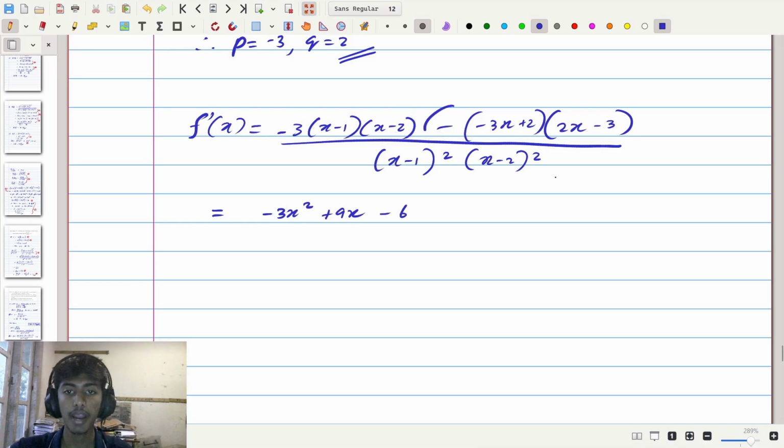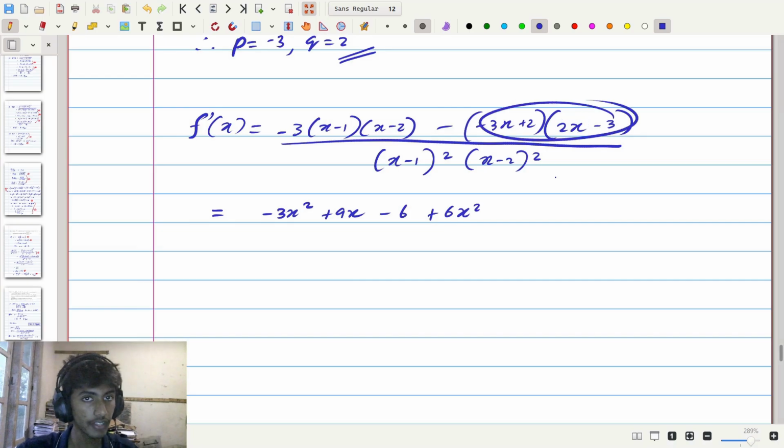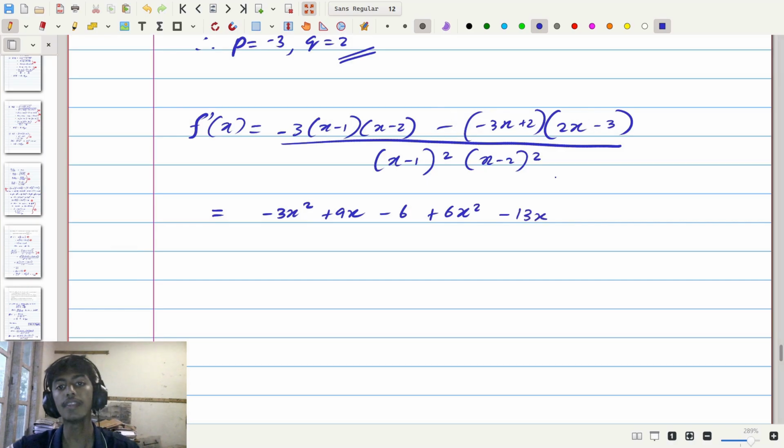Then minus negative 3x times 2x, minus is plus, so plus 6x squared, and then minus 3x times minus 3, which is plus 9x, and 2x times 2x gives 4x, so 4x plus 9x is 13x, and that minus is minus 13x. And finally, minus times plus 2 times minus 3, which is plus 6.